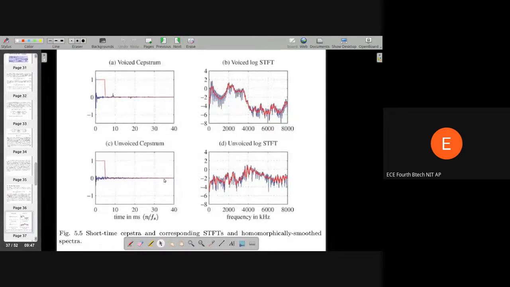When two signals are convolved, it's really difficult to separate them out. So using cepstral analysis and liftering, we find a way to estimate the envelope of the vocal tract system, which gives us another tool for estimating the vocal tract resonances, just like in LP analysis.